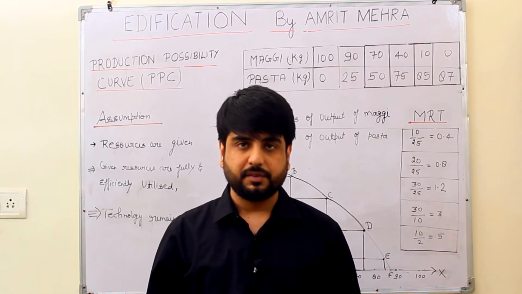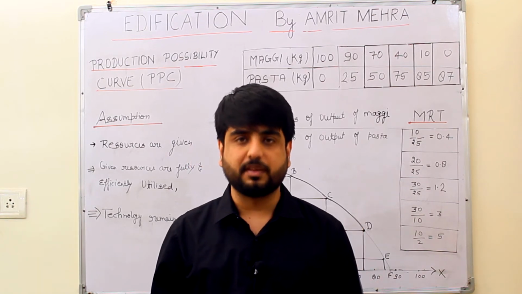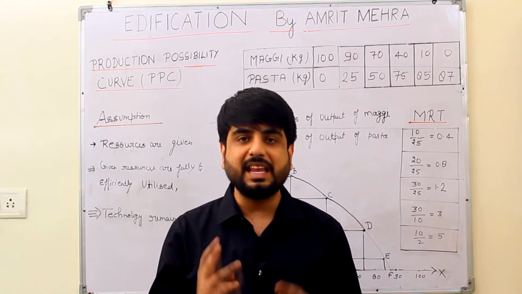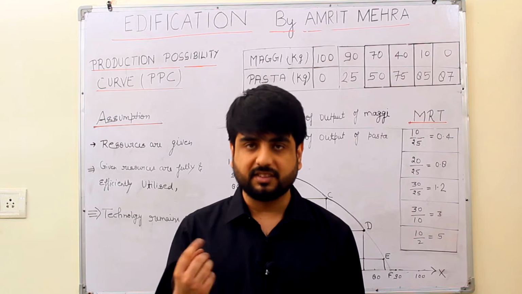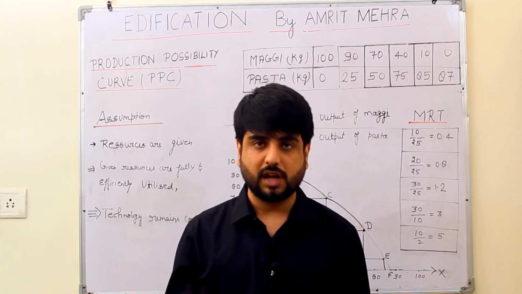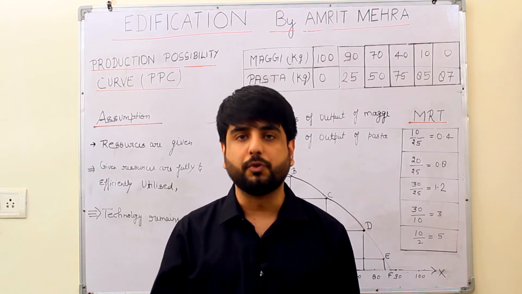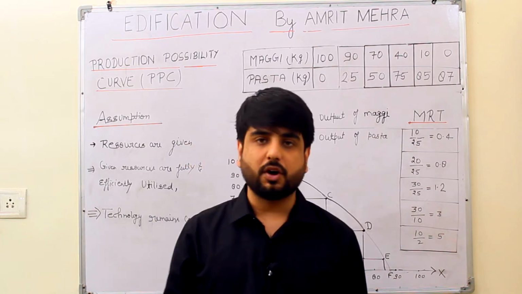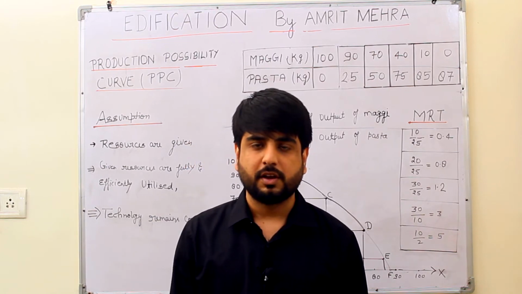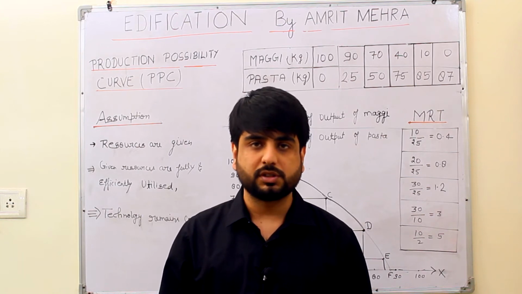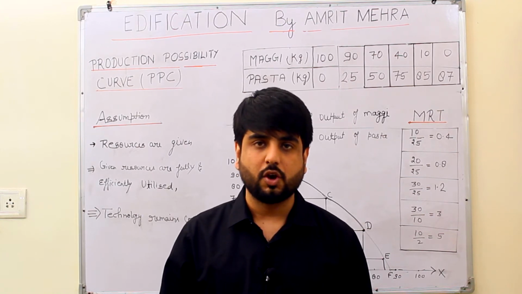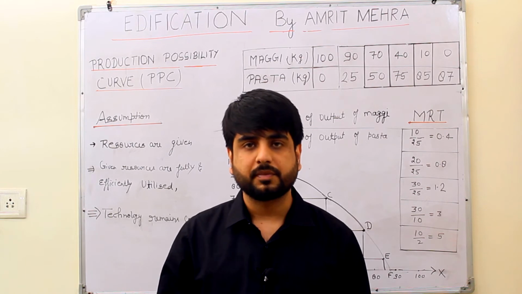In the beginning, the text focuses upon the three major central problems of economy, such as what to produce, how to produce, and for whom to produce. When we talk about what to produce, the basic dilemma of a producer is whether to produce a necessity good or a luxury good.